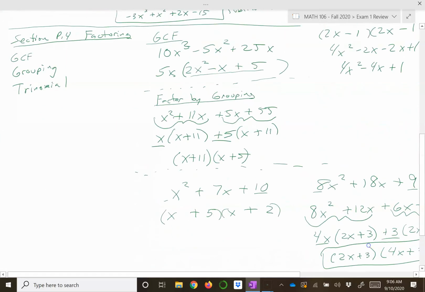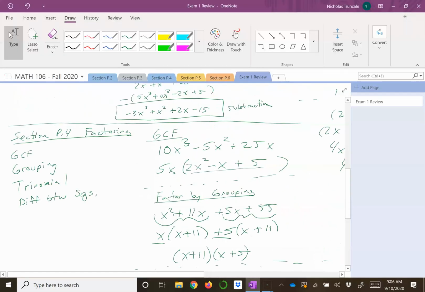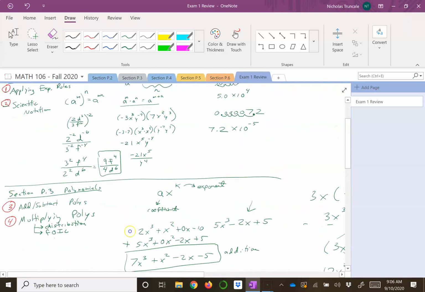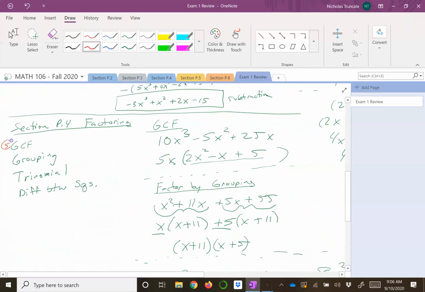And then the last one, we'll just say difference between squares. Okay, let me get my red ink out. So there's 1, 2, 3, 4, 5, 6, 7, 8 types of problems so far.